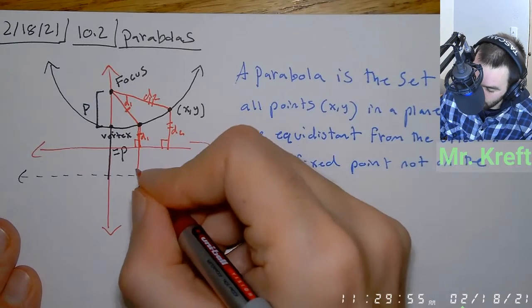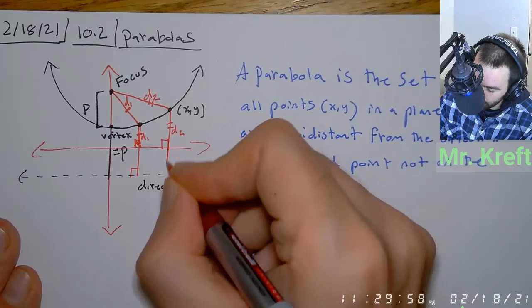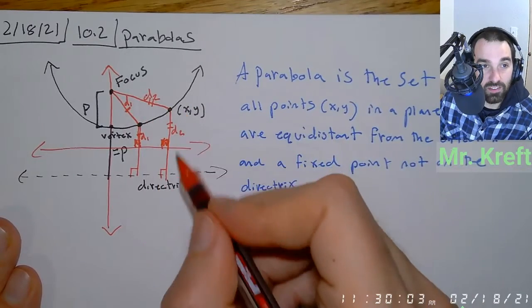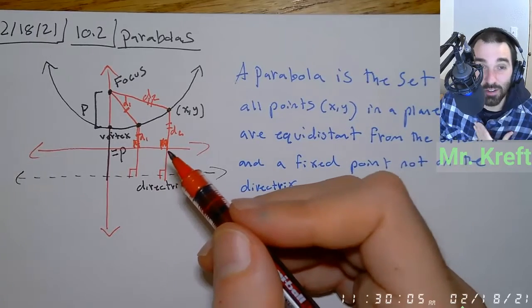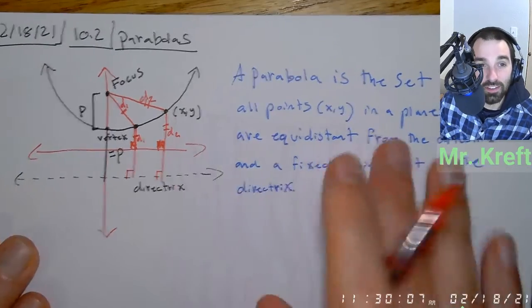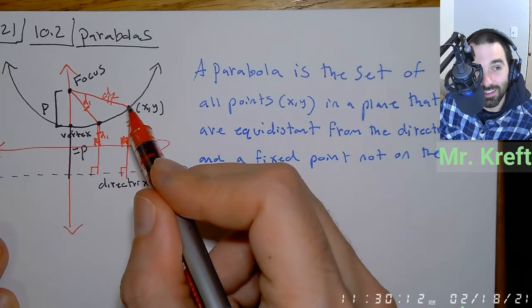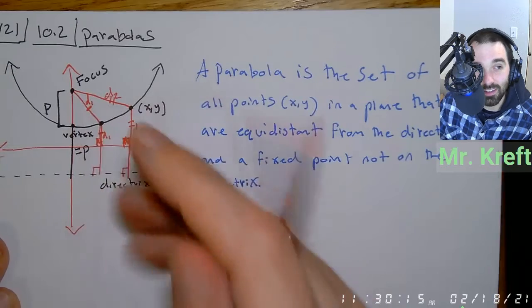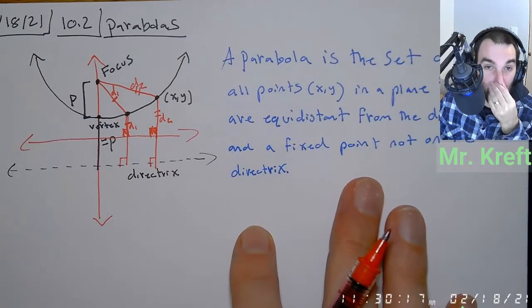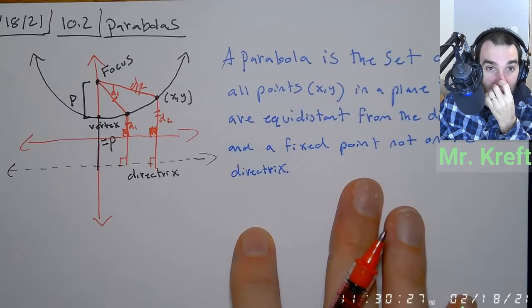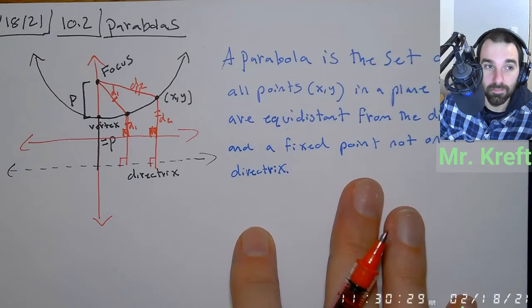Oops, sorry, the directrix. I was wrong there. Sorry about that. Okay, so this distance and this distance are going to be the same. So obviously I didn't draw this very well. Okay, but they're equidistant. So the distance from the directrix to the point is the same as the distance from the point to the focus. Okay, that is the definition of a parabola, which isn't the definition of a quadratic. A quadratic is just something squared. Okay, it's just a polynomial that's of the second order.